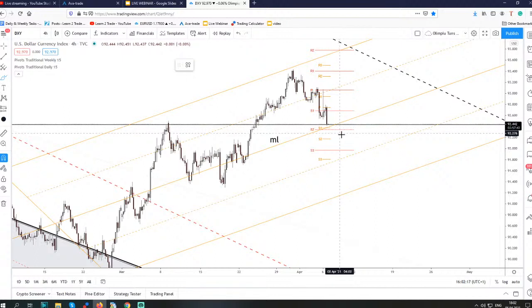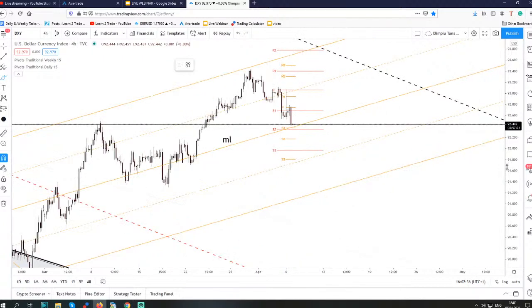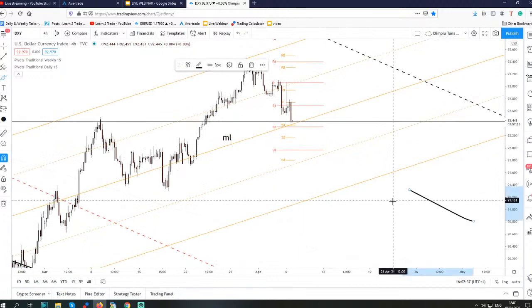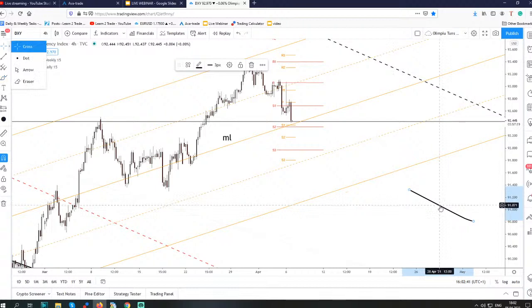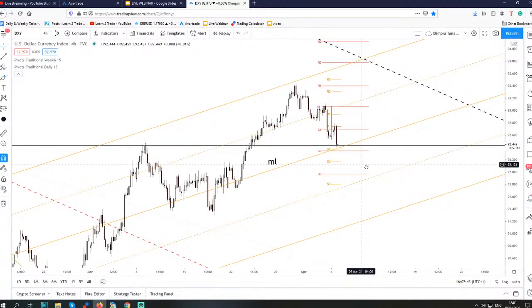Only a valid breakdown through all these downside obstacles could signal a further decline on the US dollar index, and a false breakdown, a rejection, or any other reversal pattern here could send the US dollar index higher again in the short term.